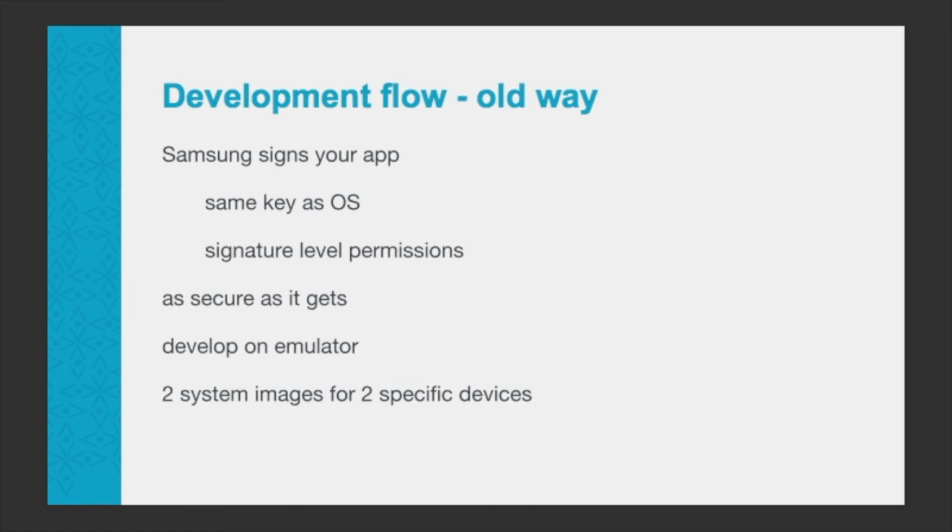Why is this important? Every Galaxy device out there that's not rooted has been signed by Samsung the same way you sign your APK before you deploy it. And every one of those devices has the same signature. When you send your APK unsigned to Samsung, they will sign it with the same key. And when they sign it with the same key, the Android system automatically gives you system level permissions.